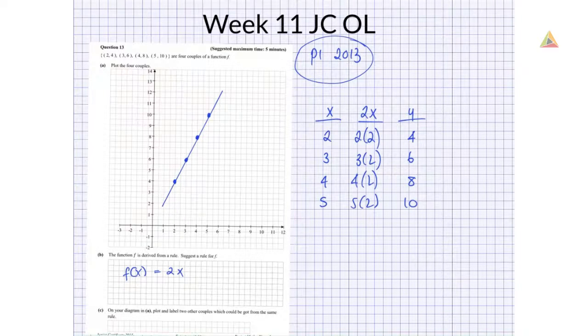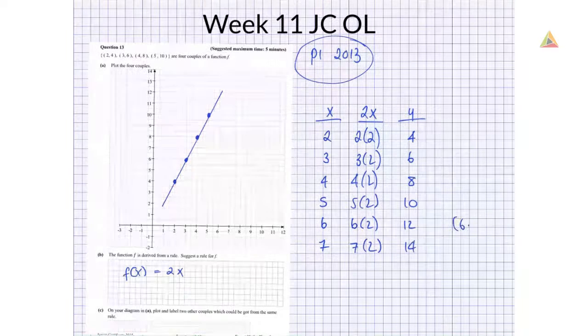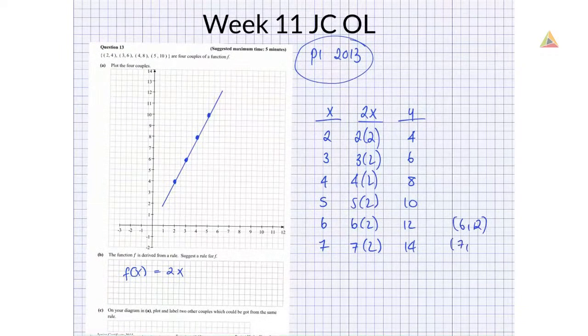So the same rule, if I decided to keep going, the x values we have are 2, 3, 4, 5. If I went for 6 and 7, 6 by 2 is 12 and 7 by 2 is 14. So that would be the points 6, 12 and 7, 14.